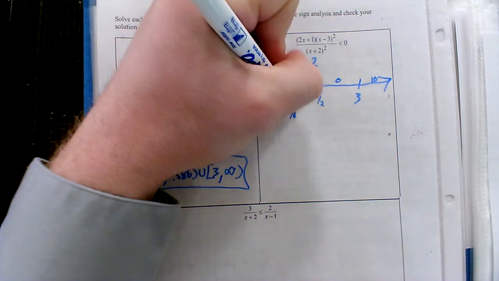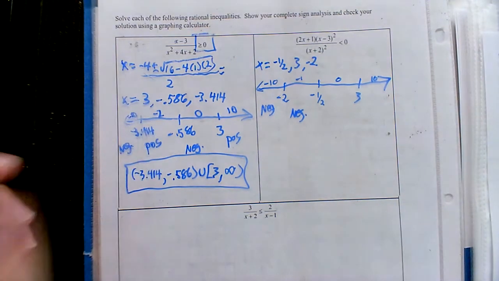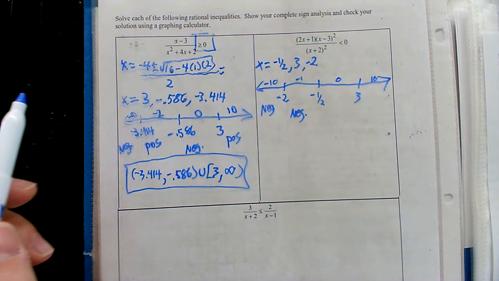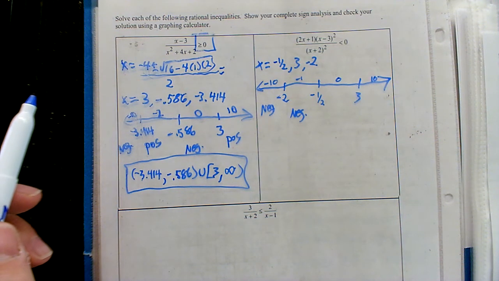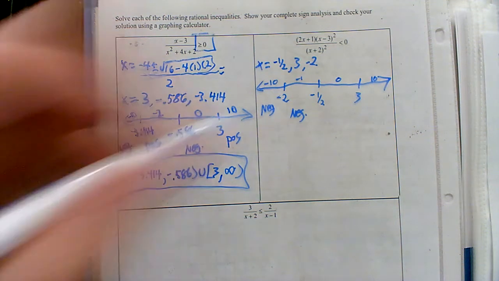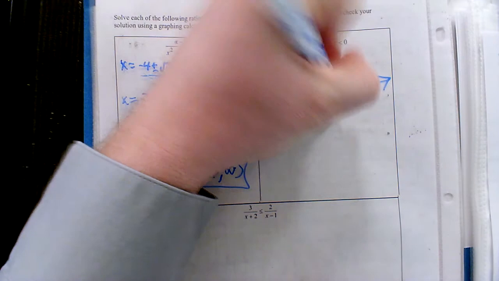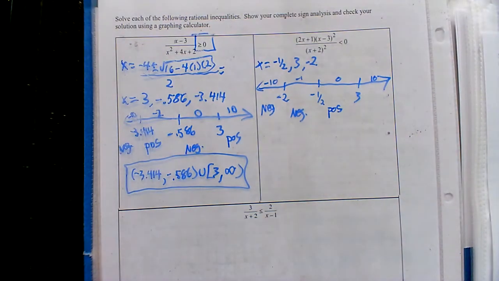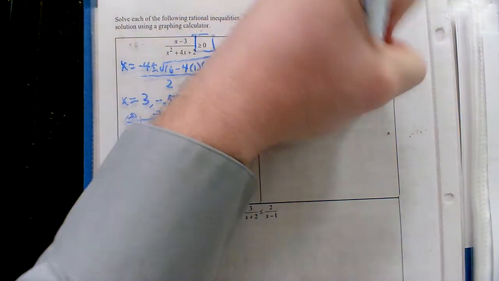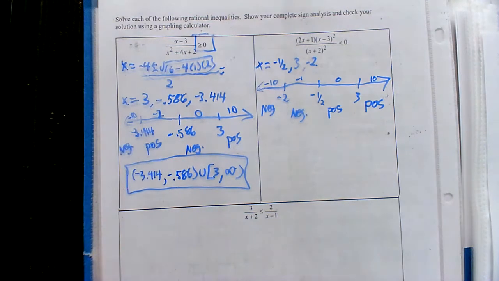Negative, very good. Okay. Third interval, I plugged in 0. Positive. And last interval? Positive. Okay, very good. So we did the work there. We plugged everything in. We did the hard work.